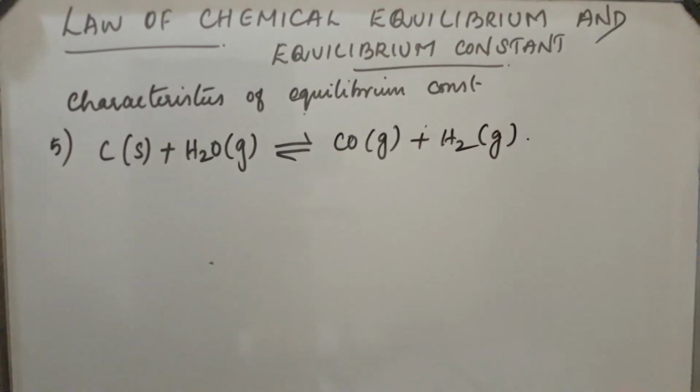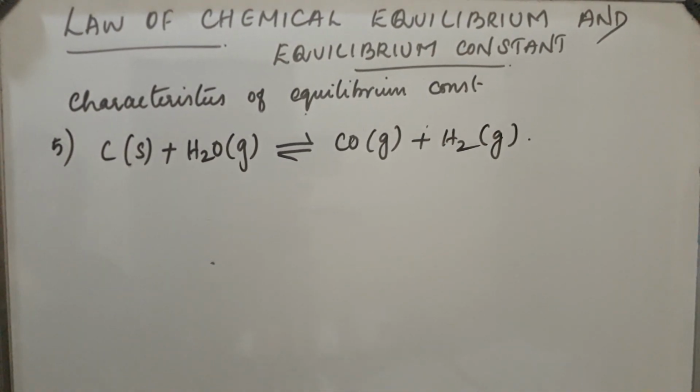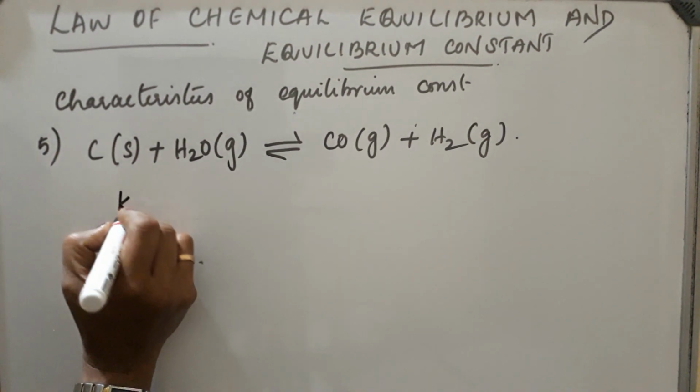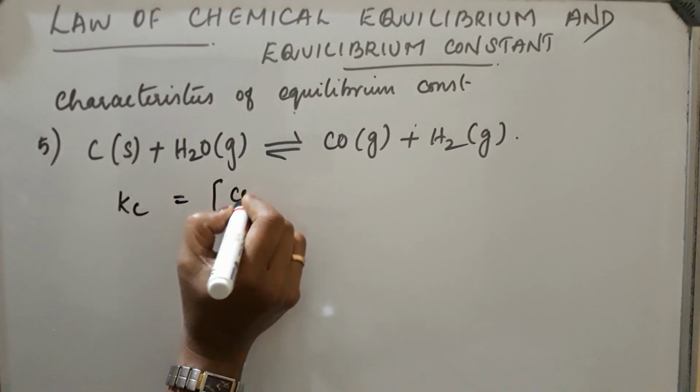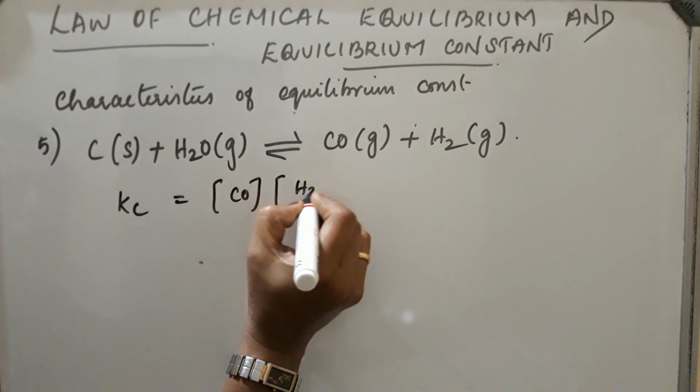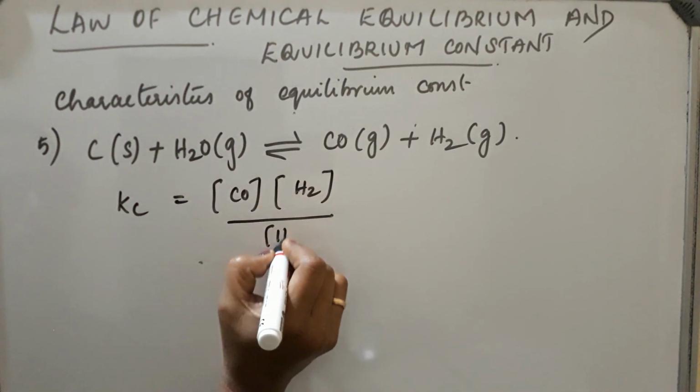Here the carbon is solid, so no need to write the concentration of the pure solid. So Kc will be equal to the concentration of CO into H2 divided by H2O.